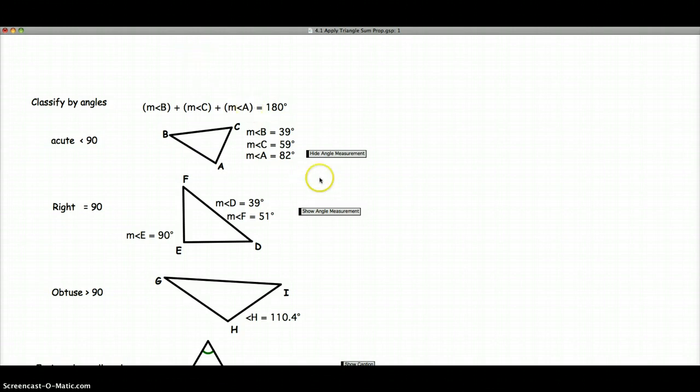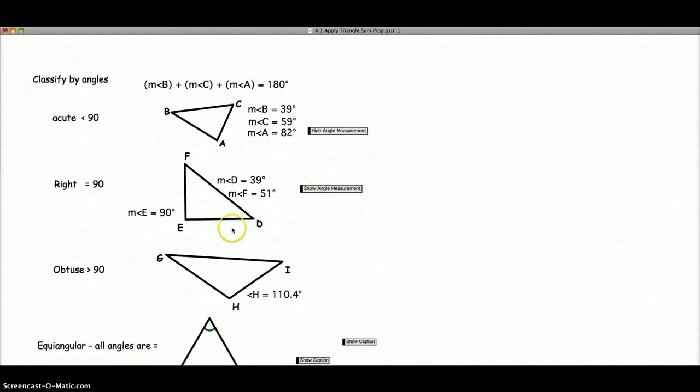Okay. A right triangle has 2 angles that are acute, and then you have a 90-degree angle, that right angle. Notice that the measure of angle D and the measure of angle F add up to 90 degrees. Well, that makes sense, right? Because 180 minus the 90 that's taken away already to make it a right triangle leaves only 90 more degrees to be separated by 2 angles.